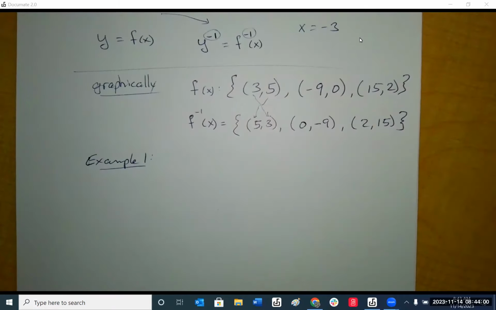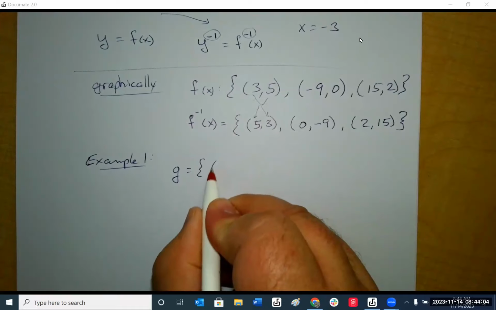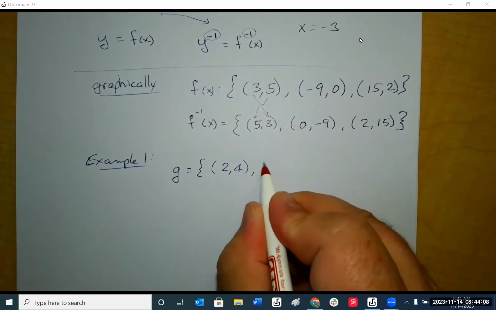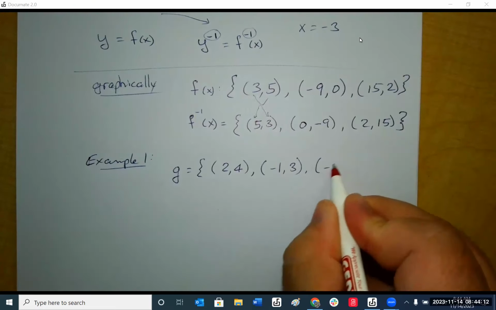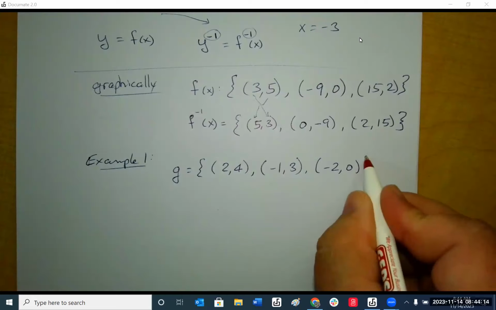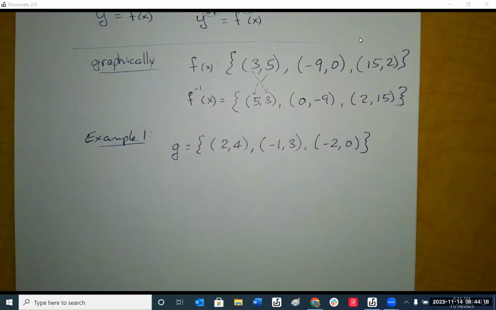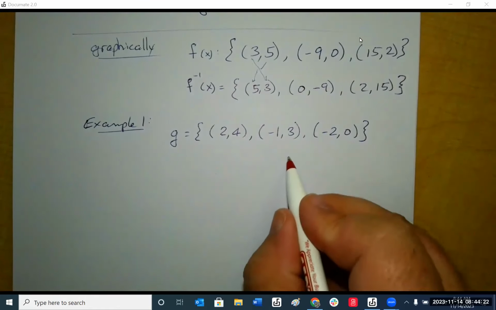So example 1 says, here's my data set. It's made up of points 2, 4, -1, 3, -2, 0. Let's plot those points.